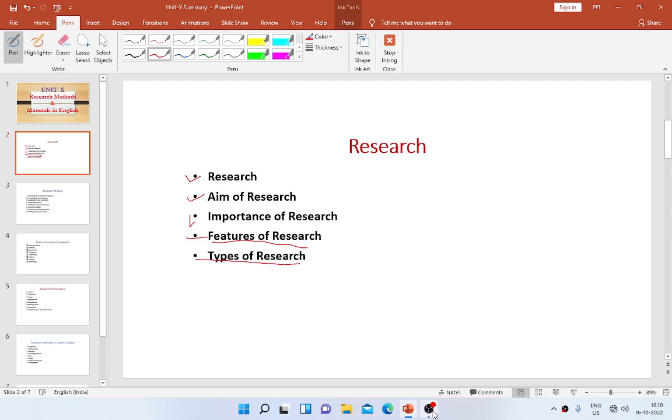There is another research, mixed research. Both quantitative and qualitative research are not exclusive. Qualitative research may end in a hypothesis, and quantitative research may involve qualitative research elements.